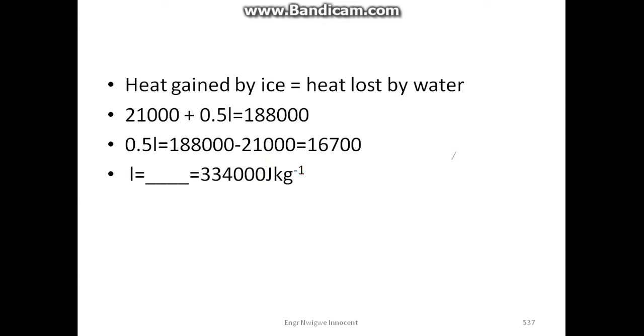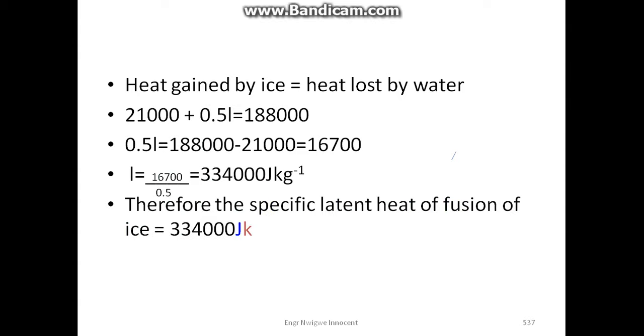Making L the subject of the formula, you have 167,000 over 0.5, which gives us 334,000 joule per kilogram. Therefore, the specific latent heat of fusion of ice is 334,000 joule per kilogram.